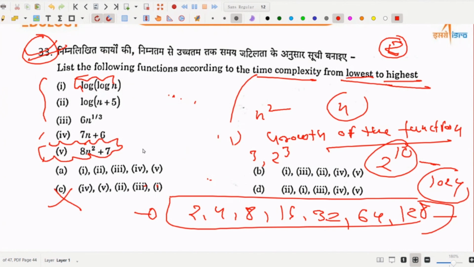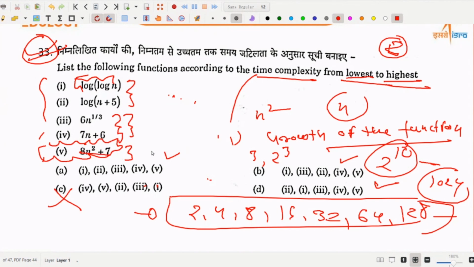Now we are left with three options, A, B, C. We need to compare these functions, because the growth of a linear function is always greater than that of a logarithmic function. These two are logarithmic, these two are linear, and this is polynomial.